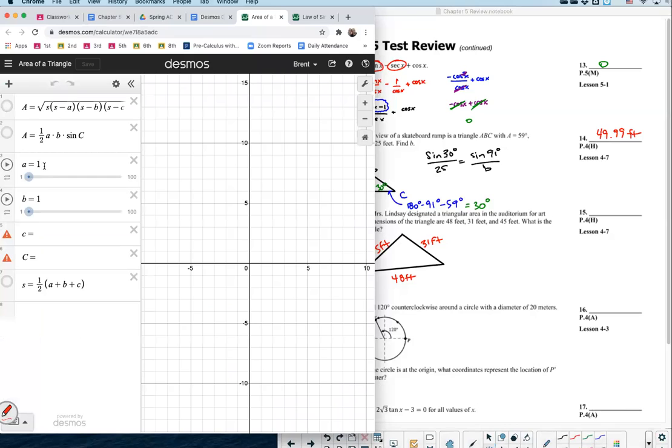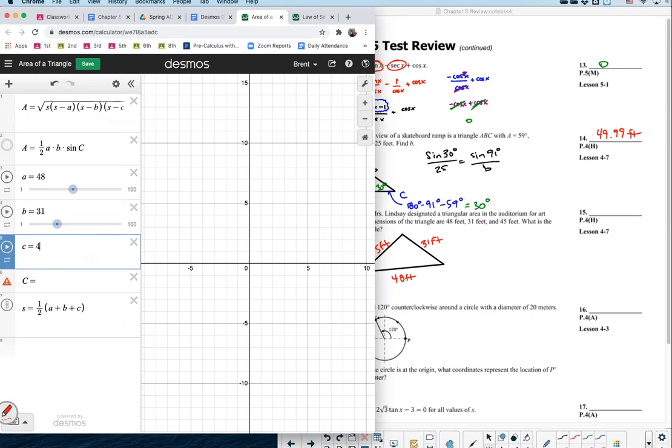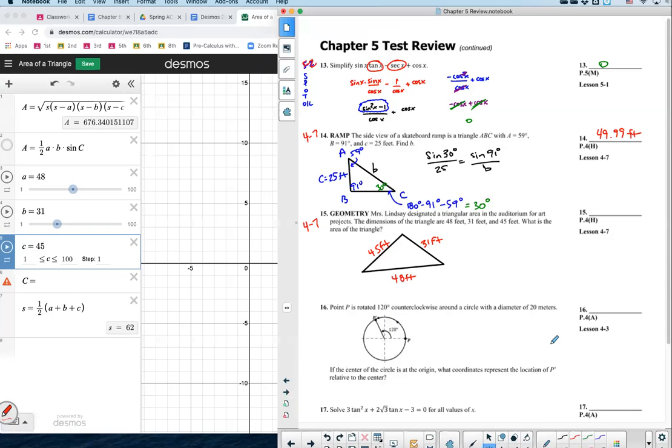So we'll just put them in the order that they gave it to us. The dimensions 48, followed by 31, followed by 45. And I put them in lowercase because they're side lengths. And this tells us, according to Heron's formula, that the area is 676.34 feet squared.